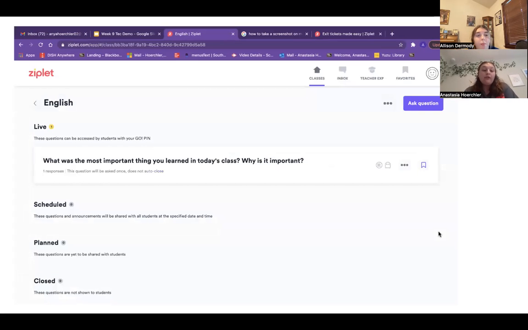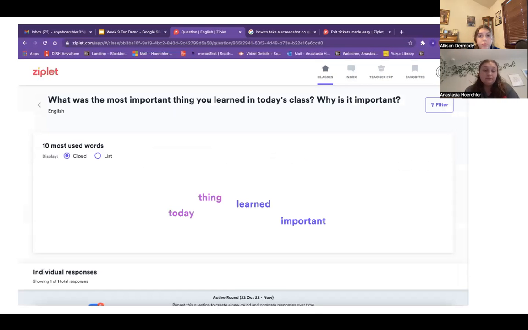So after the question goes live, you're just going to have this screen right here. If you want to see the results, you're going to click this little circle with the 3 lines. On this screen, you'll get a lot of the most used words.